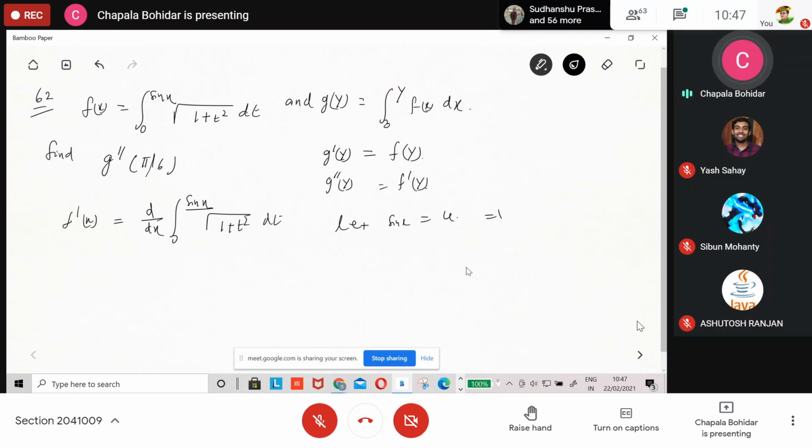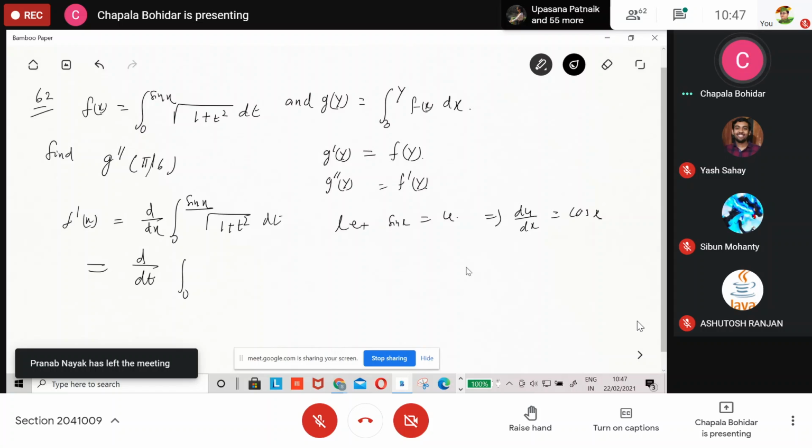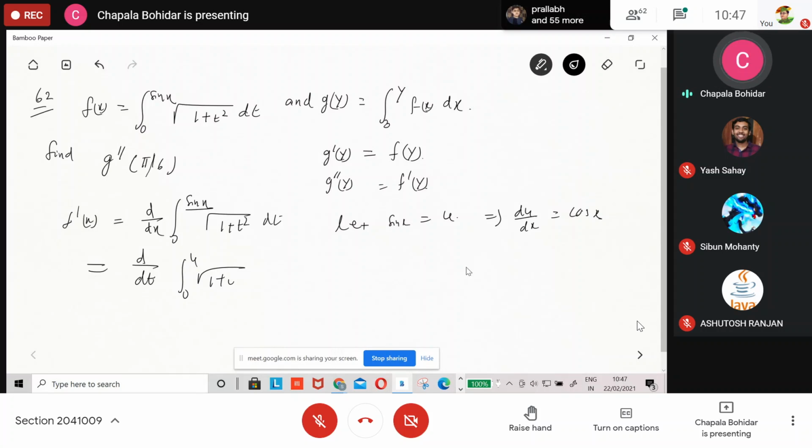So du by dx is equal to cos x. Clear? So I'm writing directly here, it is d by du of the integral from 0 to u of root over 1 plus t square dt, then du by dx. So this total value is root over 1 plus u square, then du by dx, which is cos x. So u square is our sin square x.